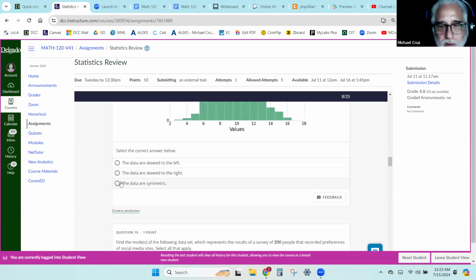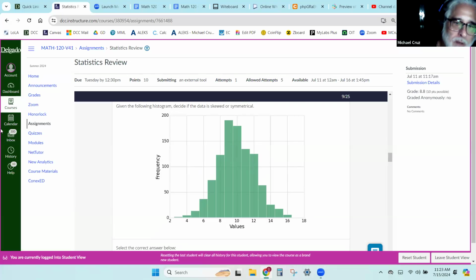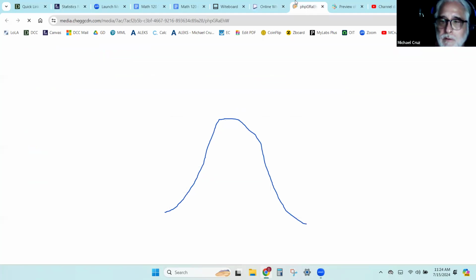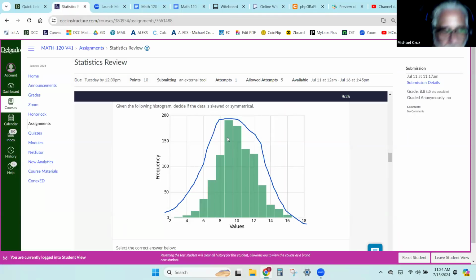But this right here is symmetric because it's got this nice shape to it. It's not a perfect drawing, but that's the idea of normally distributed data. It starts out low, gets a peak in the middle. So that right there more or less follows that.